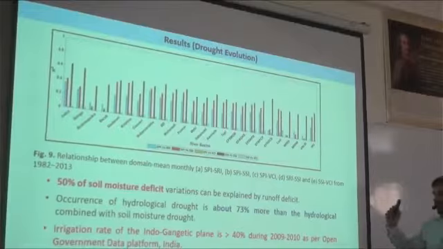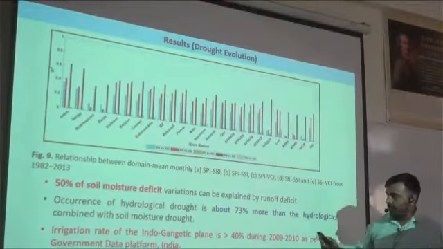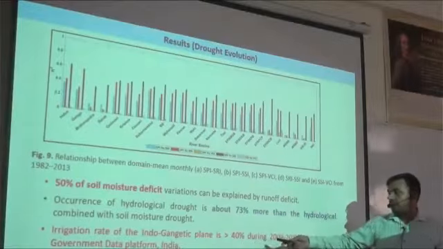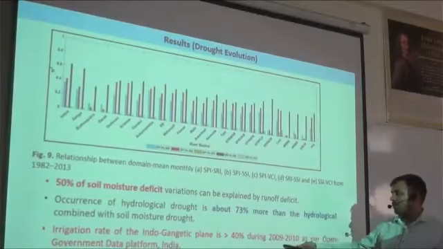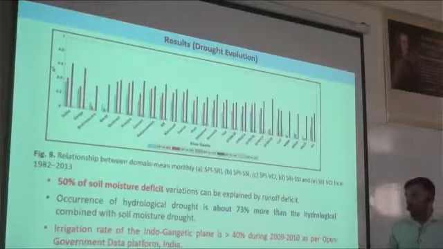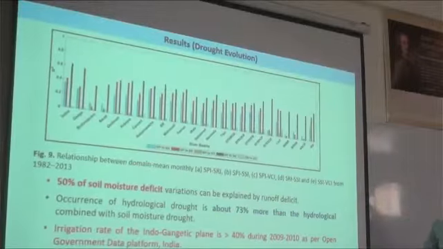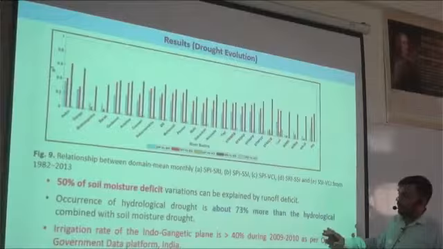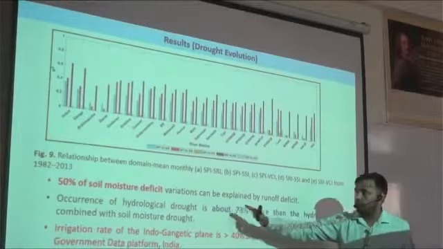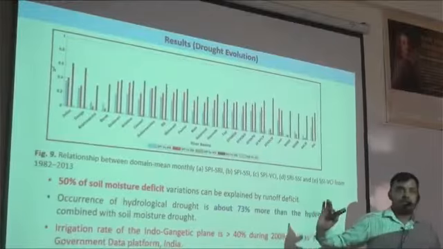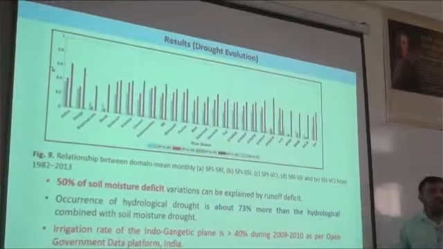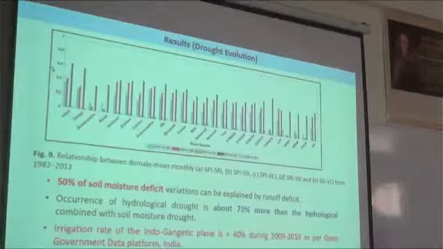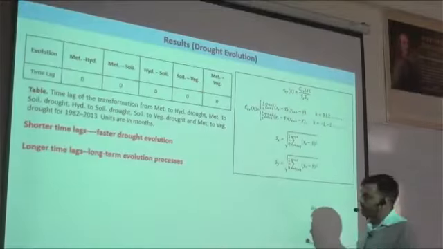If we talk about very old data itself, at that time the Indo-Gangetic Plain had more than 40% irrigation rate during 2009 to 10, as per the government data platform India. So if we were not doing the irrigation, this should be equal to this, but it is not equal because of the irrigation practice we carry out across India itself.